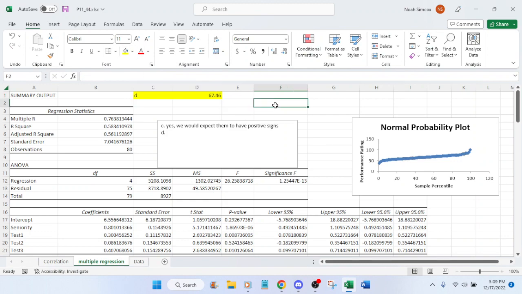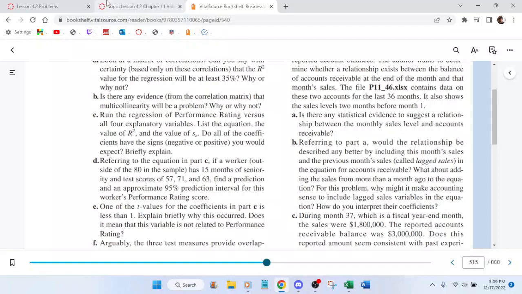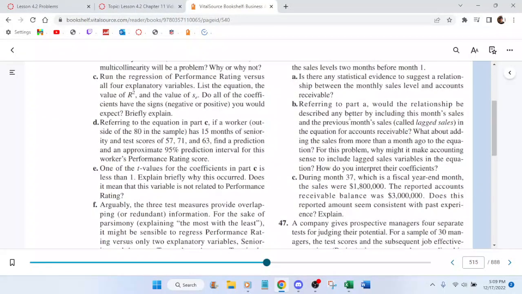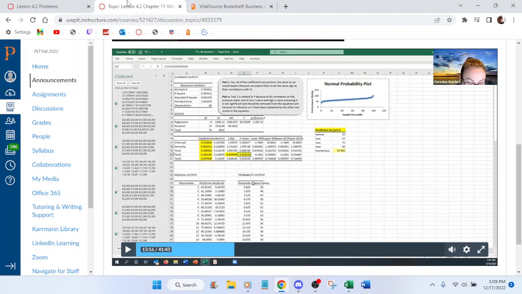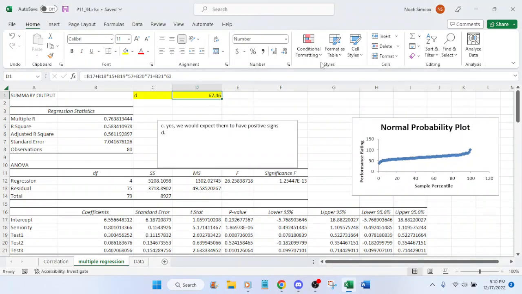There, we got a 67.46. 67.462. Well, if you say so. I don't want it to be 3, though. I like either 2 or 4.